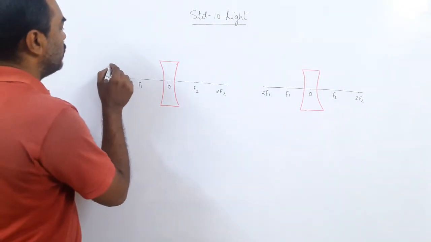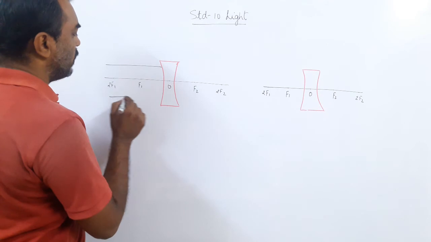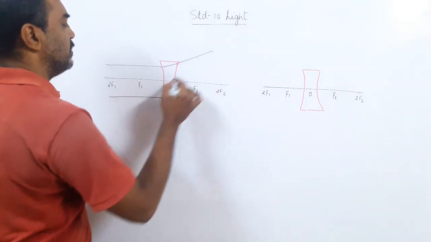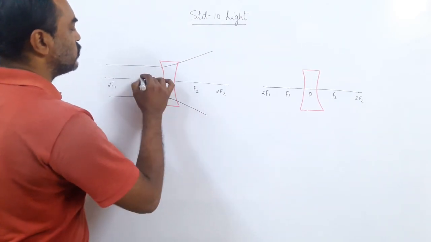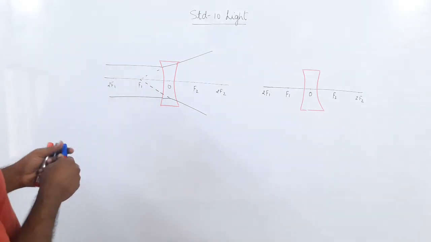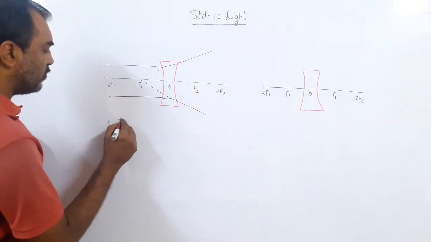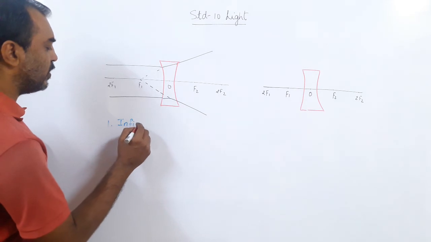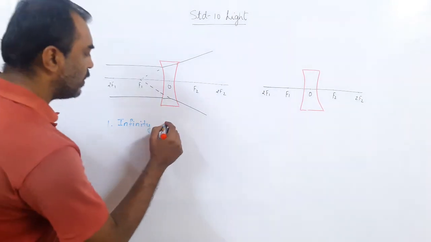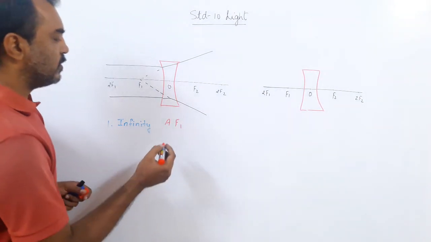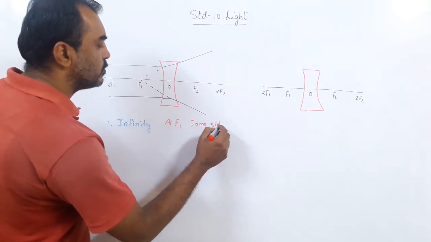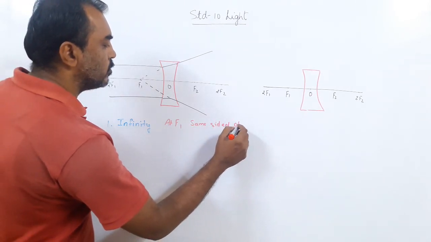Case number 1, the object is at infinity. So when the object is at infinity, the rays will be parallel. After refraction, they will diverge, so it appears to pass through the focus. So, in case number 1 for the concave lens, when the object is at infinity, the image is formed at F1 on the same side of the object.